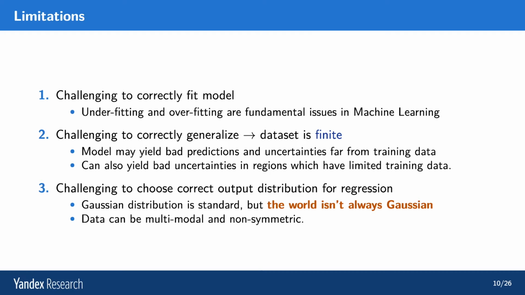And if you didn't choose the correct distribution, you will not capture the correct level of data uncertainty. And in fact, this choice is non-trivial. It's hard to know a priori what is the correct distribution. So those are the limitations, but the point is that if you have a probabilistic model and you do maximum likelihood, you're more or less good to go.